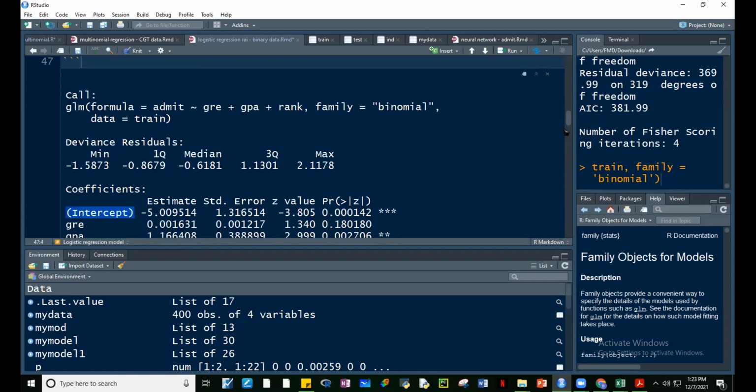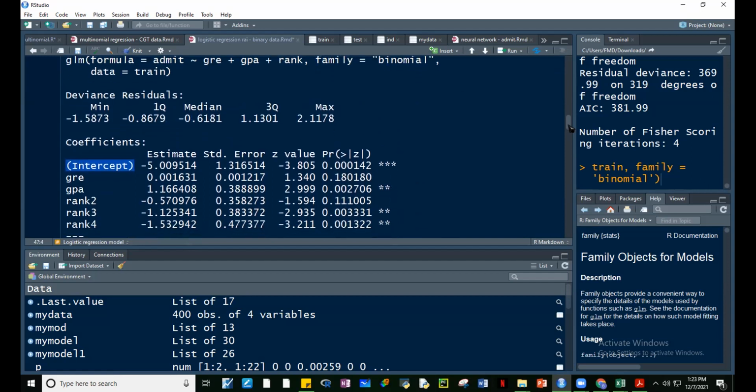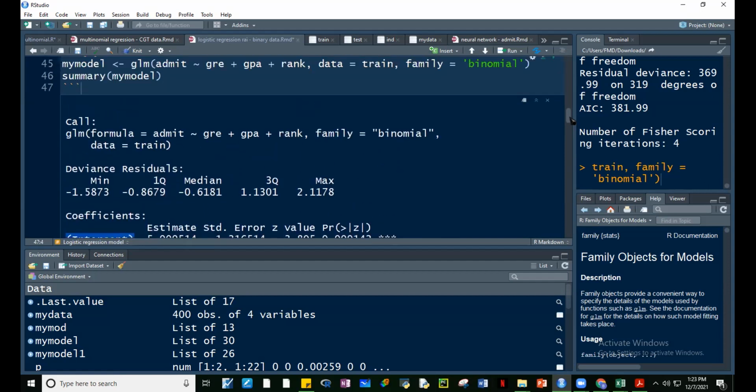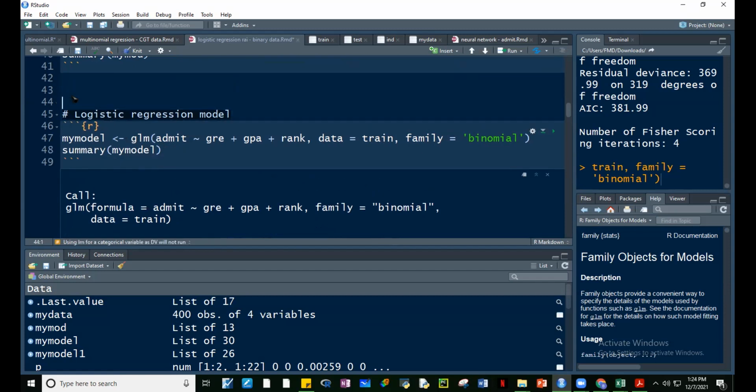Okay, sige, pakita ko lang sandali yun, ha? Kasi baka sabihin nyo na hindi na pwedeng gamitin si rank 1. Pwede pa rin. Pero let me dito ko na lang i-run guys. Above lang. So let me just check.